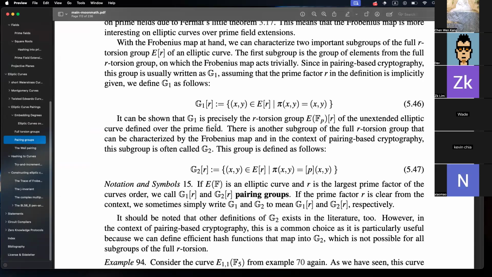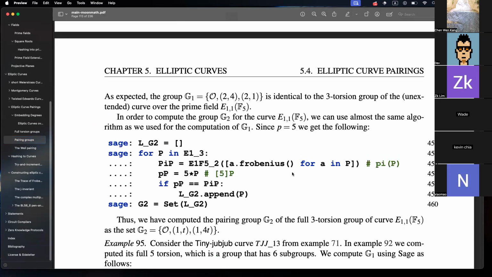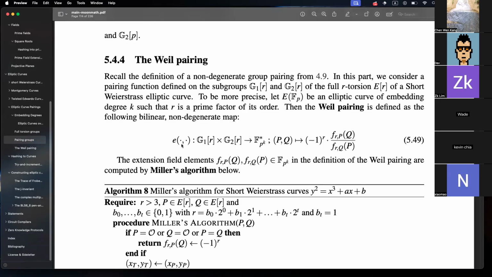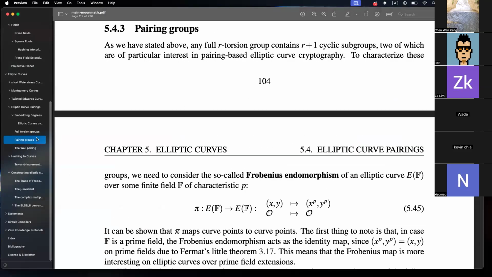If you use a point from the wrong subgroup in this scenario, I think what will happen is that when you want to do the Weil pairing, when you calculate this function, it will just give you an incorrect value. If you have a bad point in your G2, it will just not work. I do not know the exact derivation, but I assume this relies on a property of pairing groups and full torsion groups.